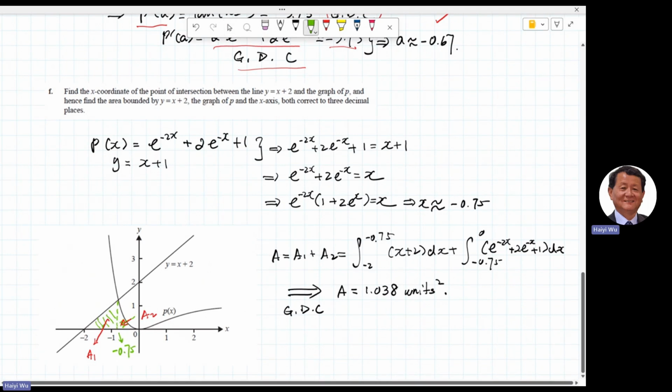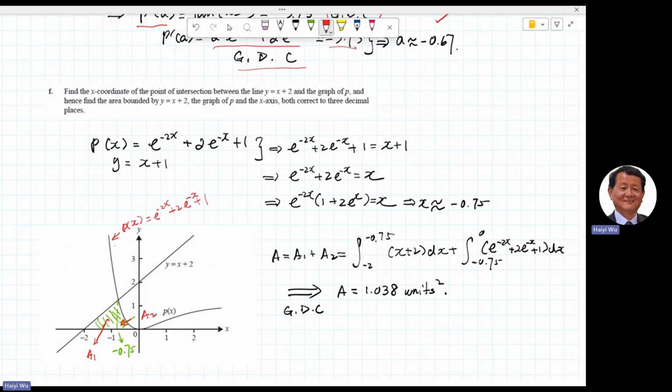Now, last question, we're going to find the area in green. This is the green area. We have this straight line, and this is the function p(x), which is 2e to the power of negative x plus 1. We need to find the area enclosed between the straight line, this curve and the x-axis.